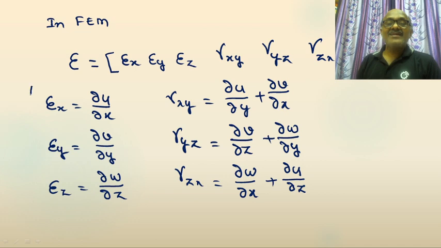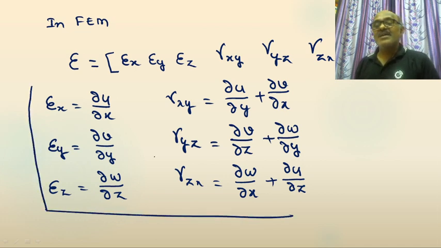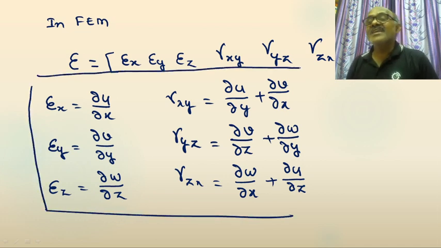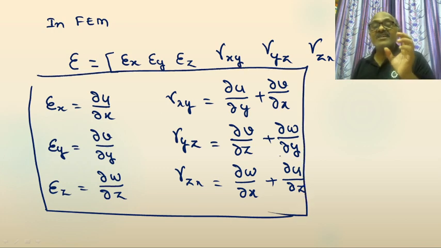So there are six terms here. In the case of a 3-dimensional object, there are six strain terms: three normal strains and three shear strains. Epsilon x, epsilon y, epsilon z are all normal strains. Gamma xy, gamma yz, gamma zx are shear strains.